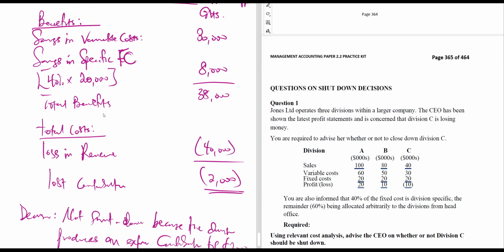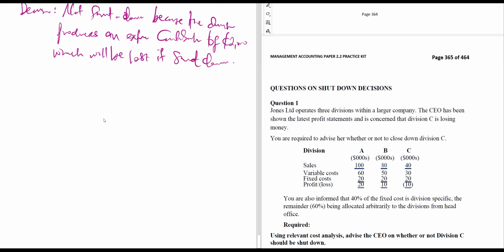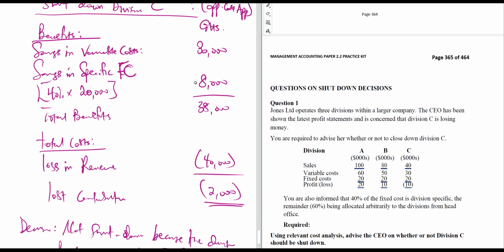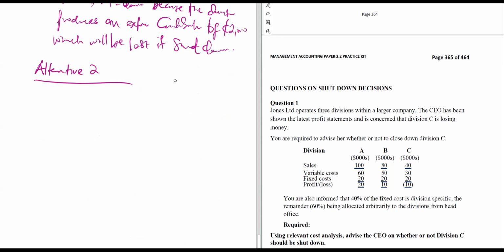And I also gave you a decision criteria. What was the decision criteria? I said we compare what? Do you remember?